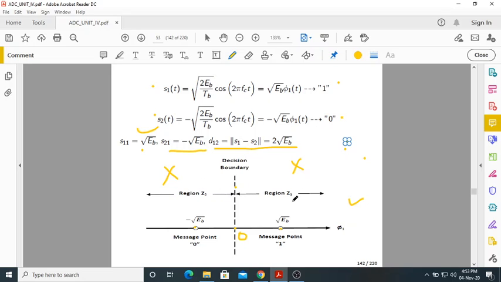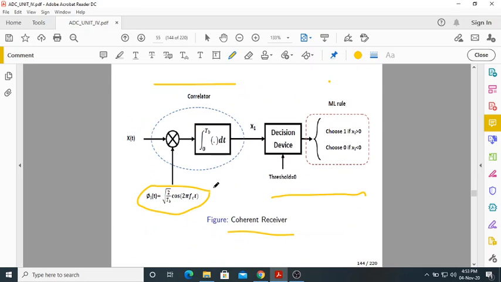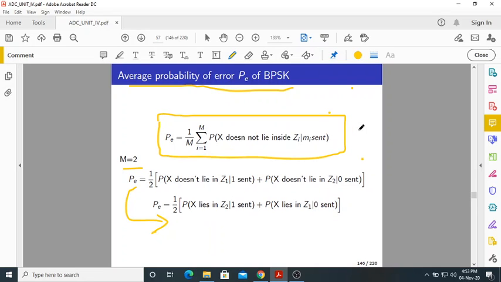Because we have only two regions, this can be further written as: x does not lie inside Z1 means it lies in Z2, as simple as that. In the same way, x does not lie inside Z2 means it lies in Z1. Now finally I can conclude with this probability of error.